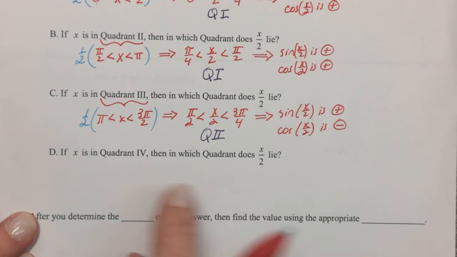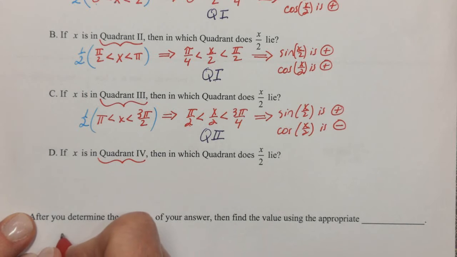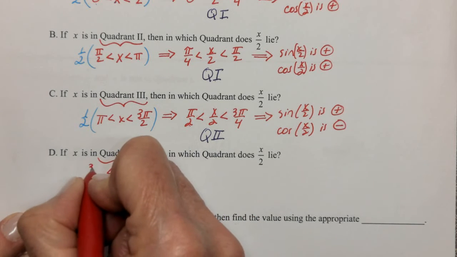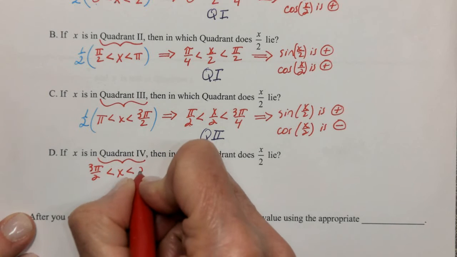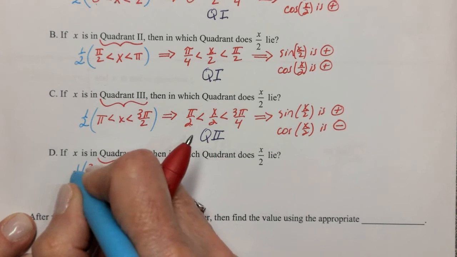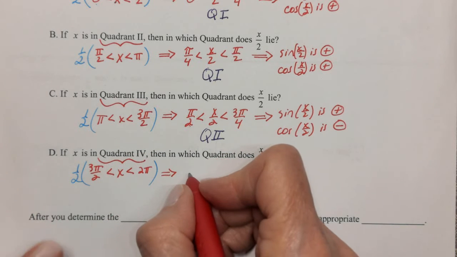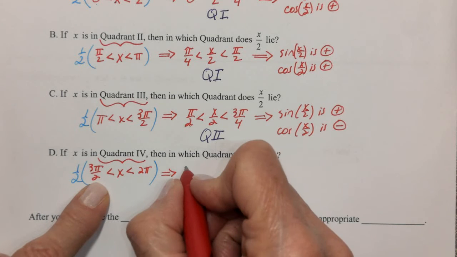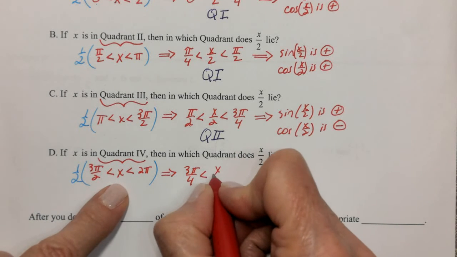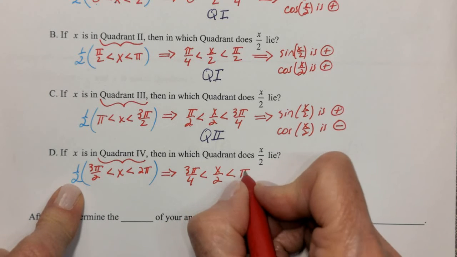Okay, one more. If x is in quadrant 4, then I know that x has to be between 3 pi over 2 and 2 pi. Taking half of all three parts, 1/2 times 3 pi over 2 is 3 pi over 4, 1/2 times x is x over 2, 1/2 times 2 pi is pi.